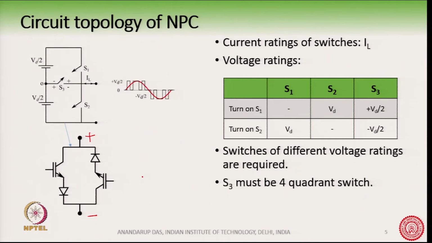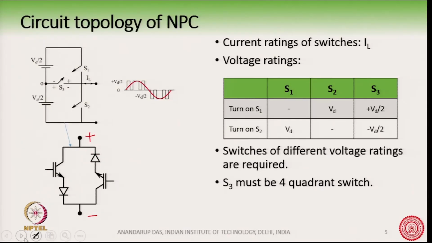So, the device will not conduct until you turn on this transistor here. Only when you have turned on this IGBT will the device conduct if the current direction is like this. So, it can block the plus here and the minus here. Of course, the diode on this side will block this one here.